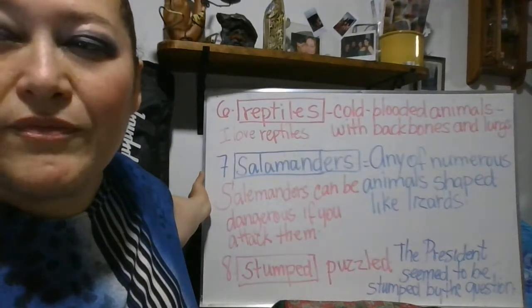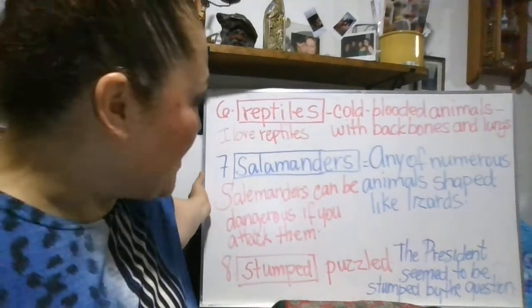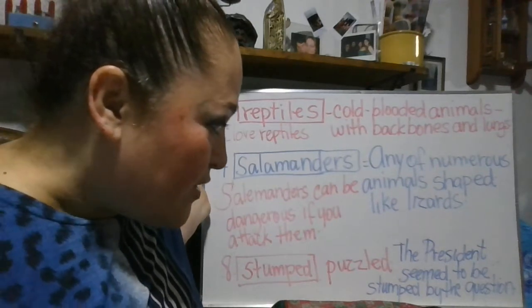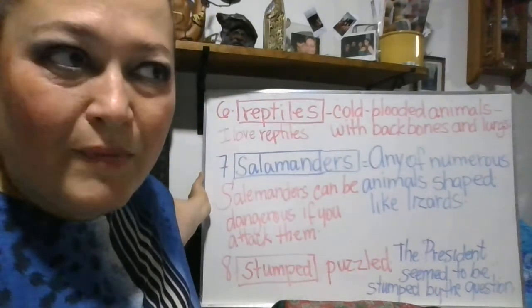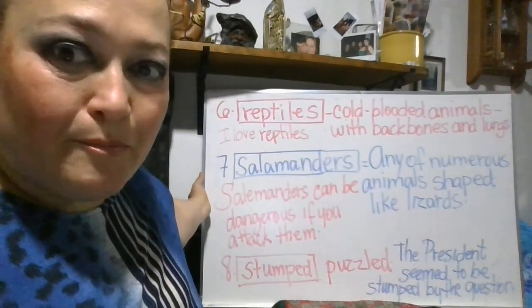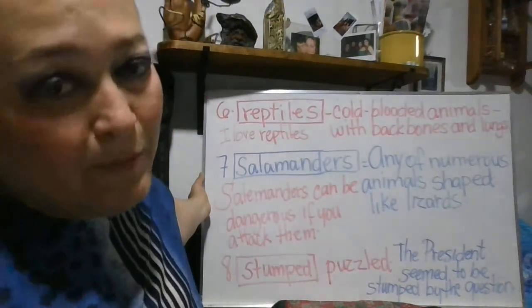And when you are asked a question and you have a problem to answer it, that's why I put the president seemed to be stumped by the question. So maybe they ask you a question, you go like that and then you are stumped. You understand? That is to be stumped, is to be puzzled.